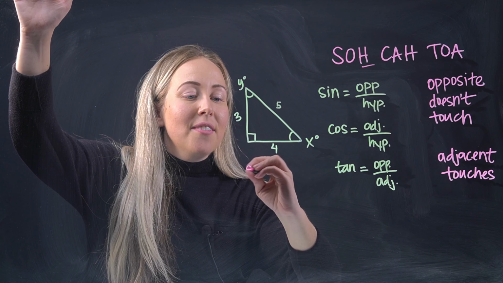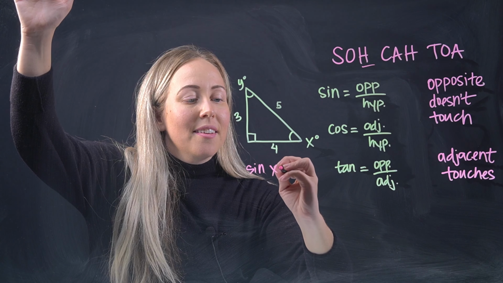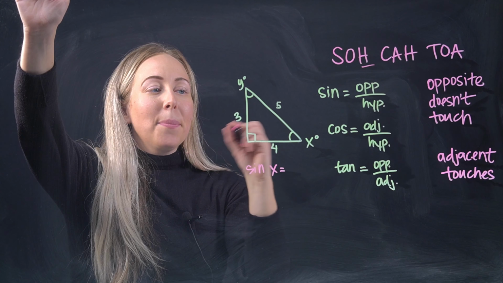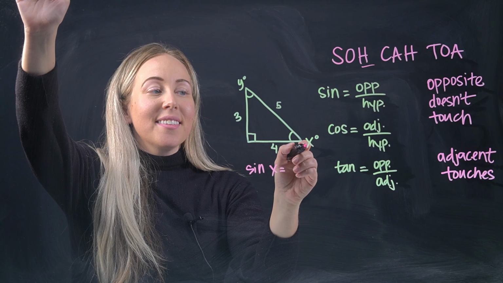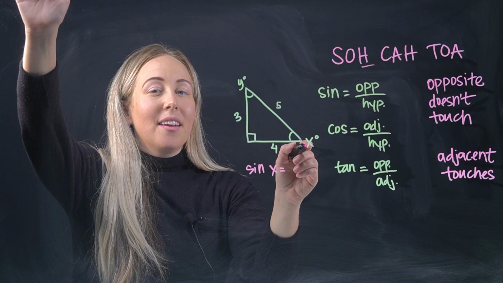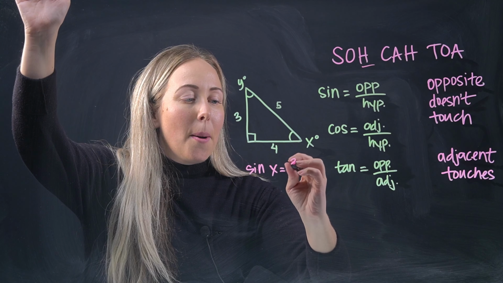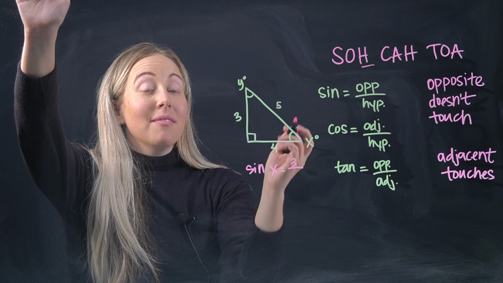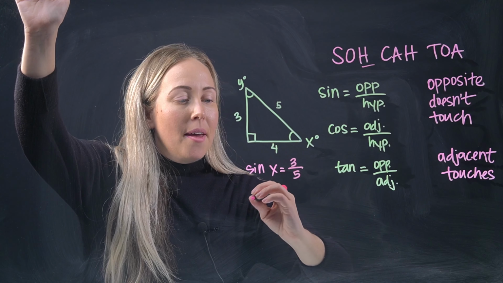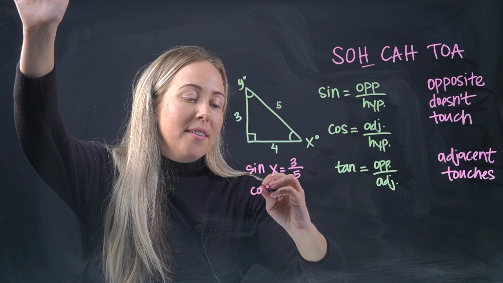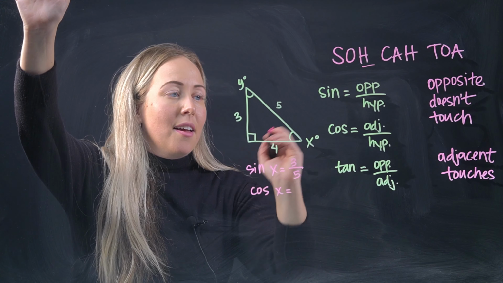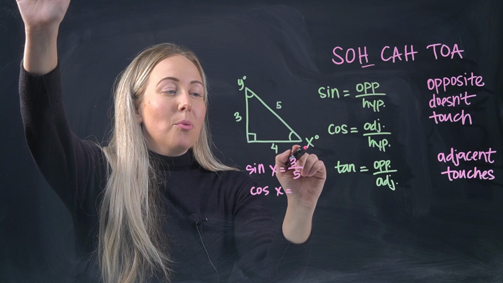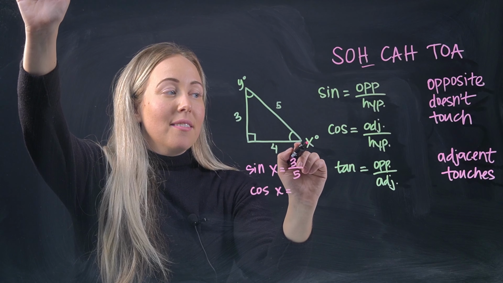Let's find the sine of angle X. The opposite side from angle X is which one? 3, good. The hypotenuse is 5, yep. Let's find the cosine of X. What's adjacent from X?